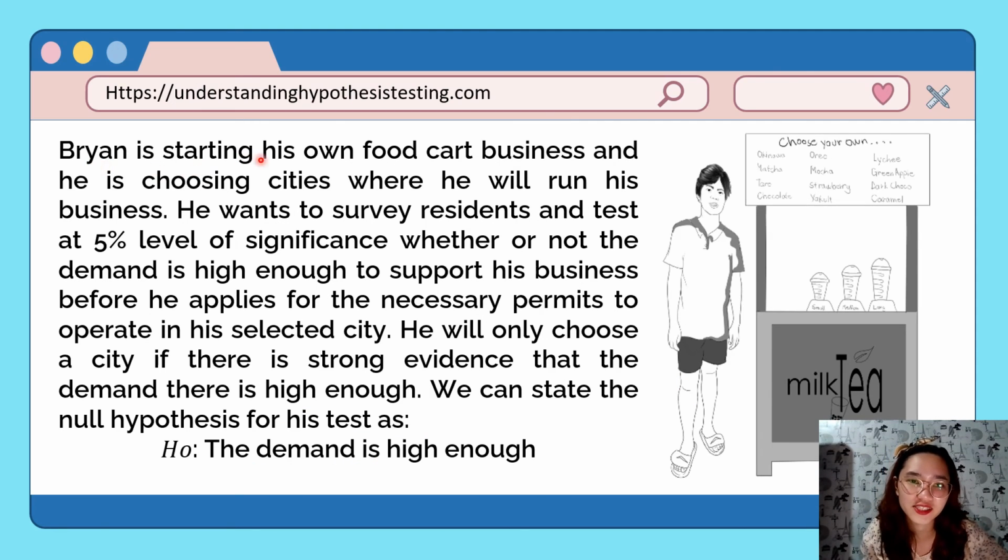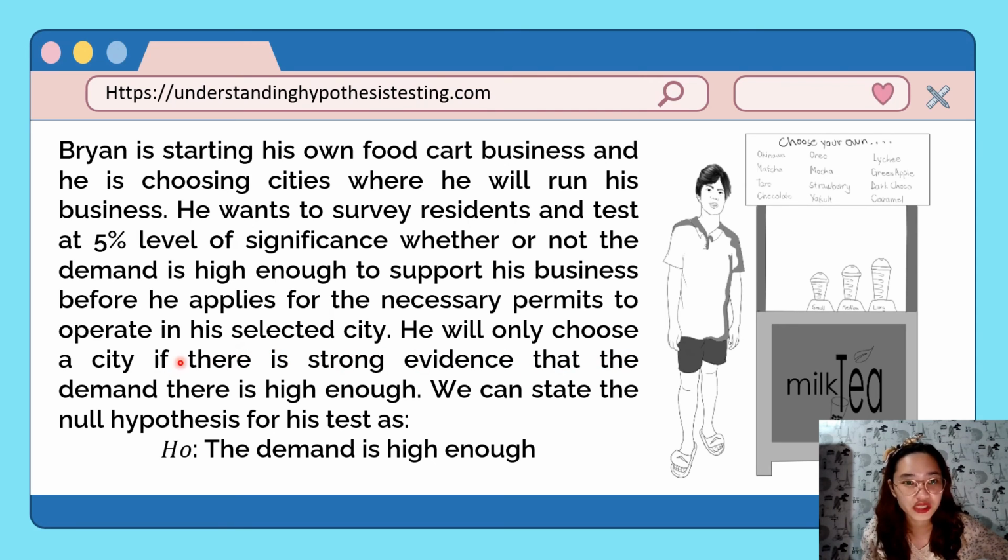So, Brian is starting his own food cart business. And he is choosing cities where he will run his business. So, he wants to find where the best place is to set up his food cart business. He wants to survey residents and test at 5% level of significance whether or not the demand is high enough to support his business before he applies for the necessary permits to operate in his selected city.